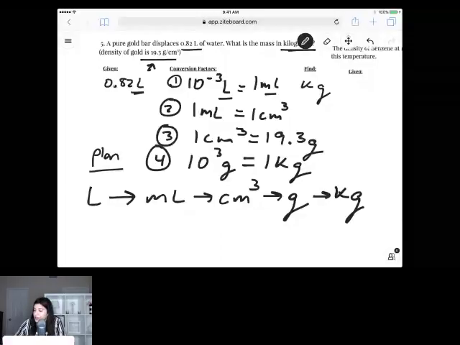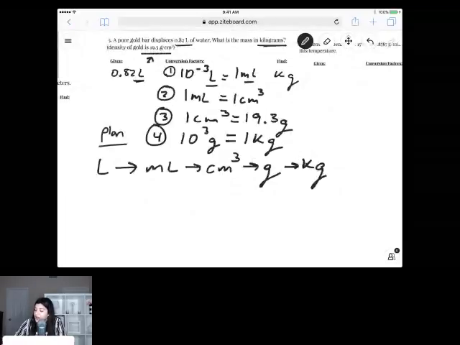Okay. So continuing on with this, I'm going to go ahead and actually set this problem up. So with our plan, we said that going from liters to milliliters, that was our first conversion factor. Milliliters to cubic centimeters, that was our second. Then cubic centimeters to grams is our third, and grams to kilograms was our fourth. All right, let me set this up. So starting with our given, as always, 0.82 liters.